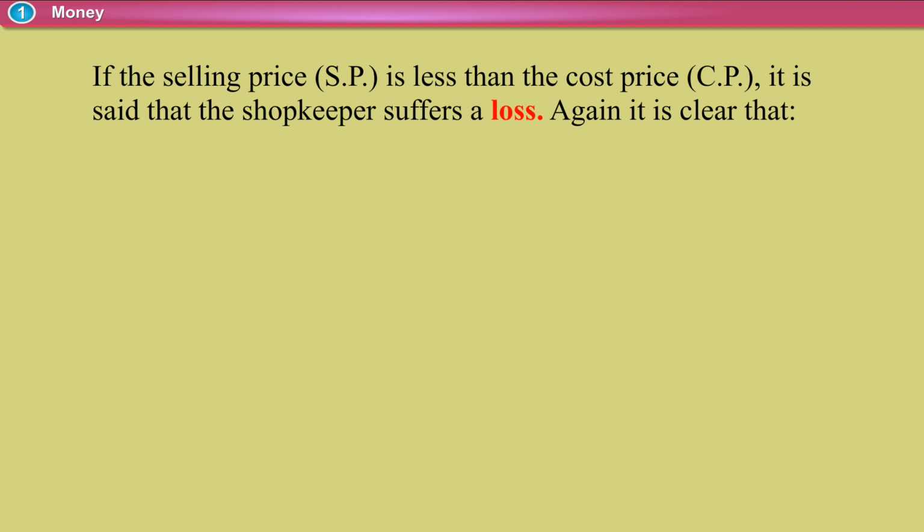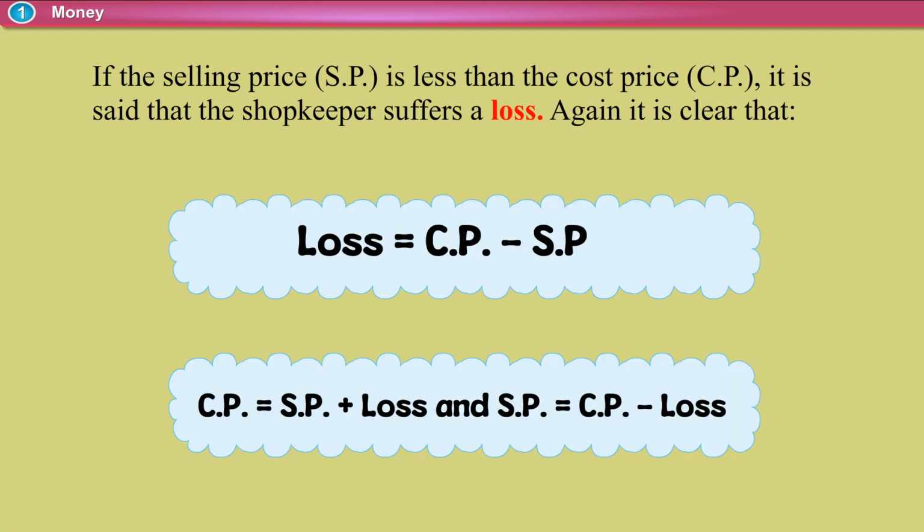If the selling price, SP, is less than the cost price, CP, it is said that the shopkeeper suffers a loss. Again, it is clear that loss is equal to CP minus SP. On the basis of the above formula, we have CP is equal to SP plus loss and SP is equal to CP minus loss.